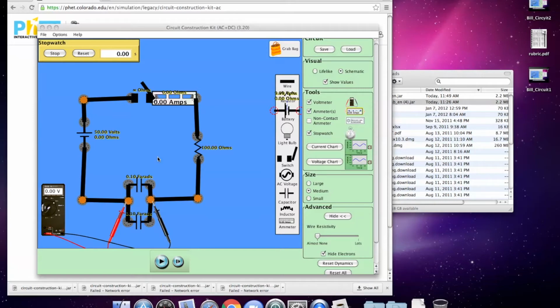Now, 2 things you're going to need to do first: you need to find the equivalent capacitance of this parallel capacitor circuit using the rules for parallel capacitor equivalent capacitance. So first find the equivalent capacitance of this.